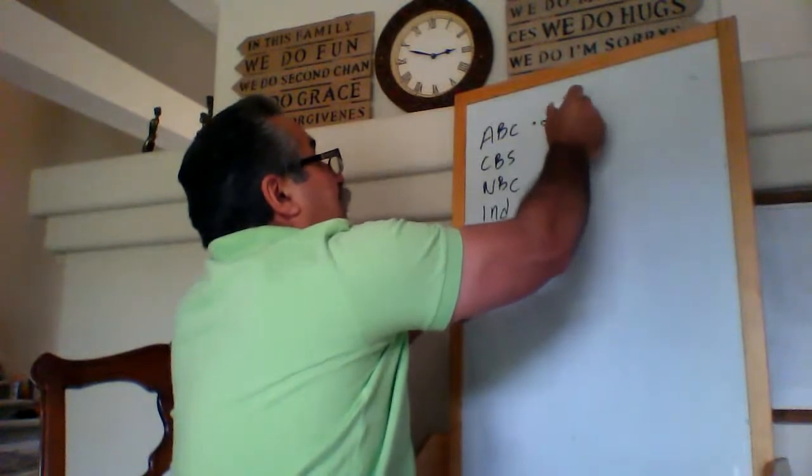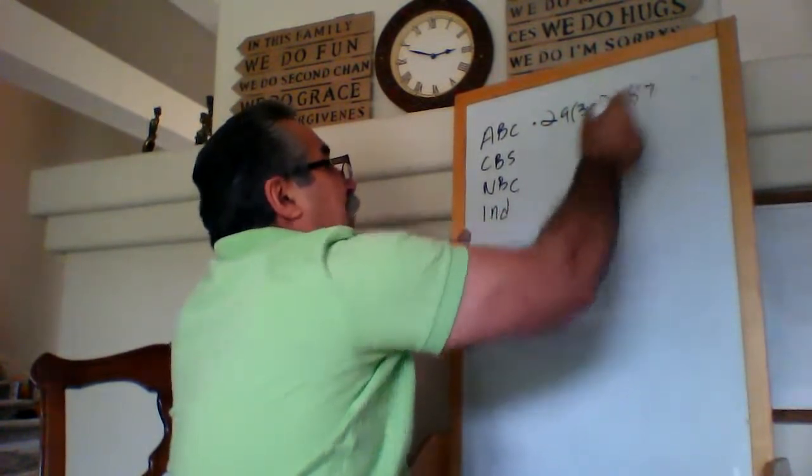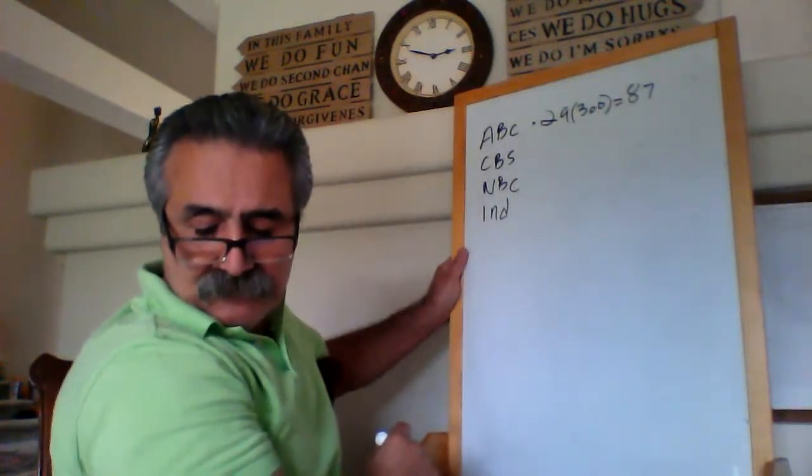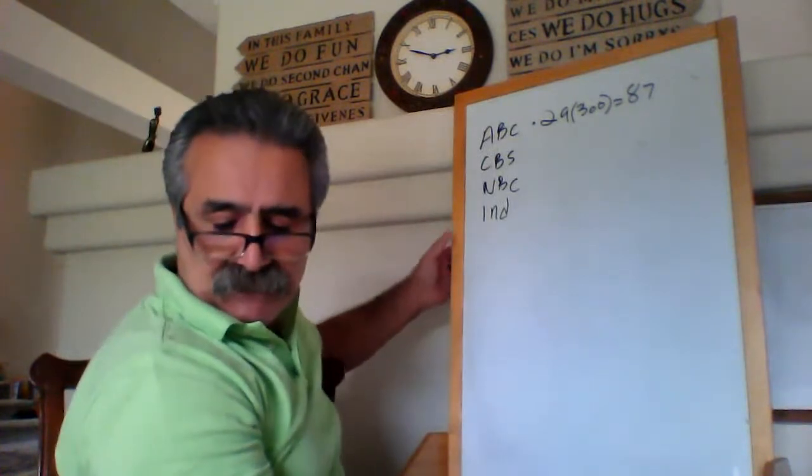So multiply by 300, that will give us 87. Or you could do just 29 times 3, so it doesn't matter.